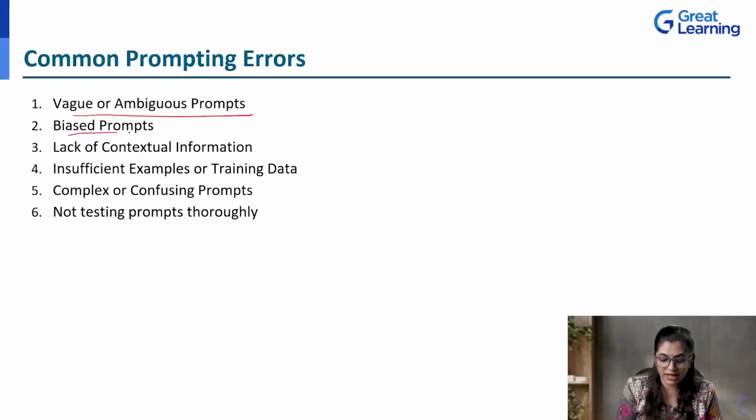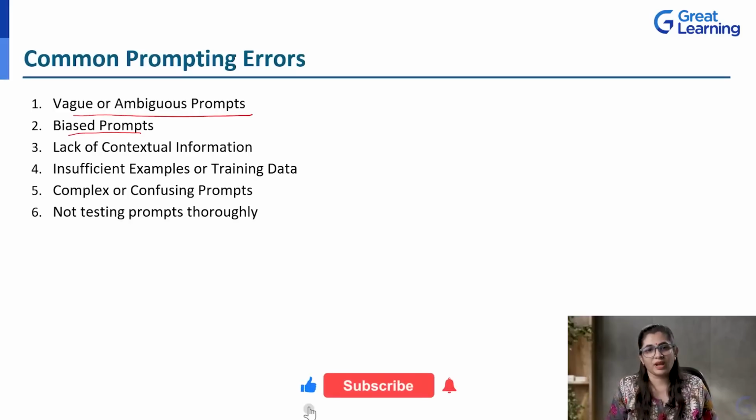Then there are biased prompts where you are designing the prompts. Supposing you have 2 categories and the data or the instructions that you are providing, the examples you are providing is leaning towards one, and now the second category is left alone. That is your biased prompts.